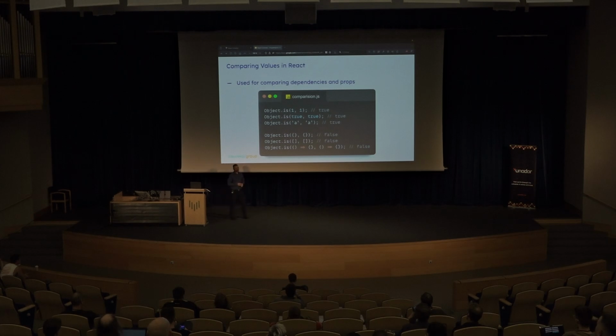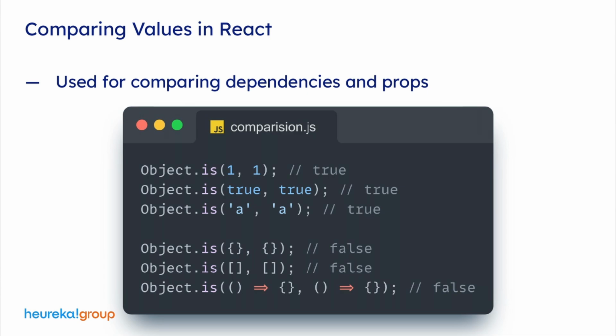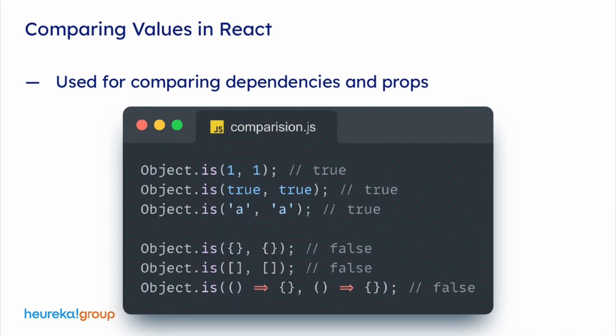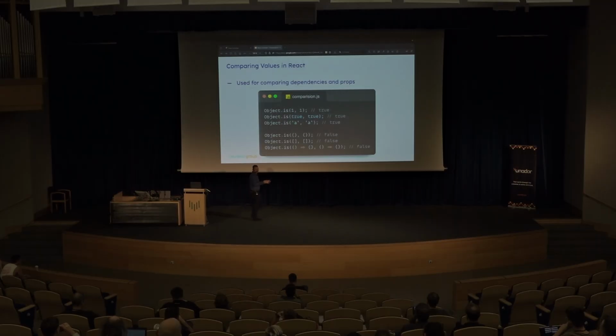React uses the Object.is API for comparing values, and primitives like numbers, booleans, and strings work as usual. But there are issues with object data types, because they are stored in the heap of memory, and there are pointers from the stack that keep the references. The comparison is based on the references in memory.